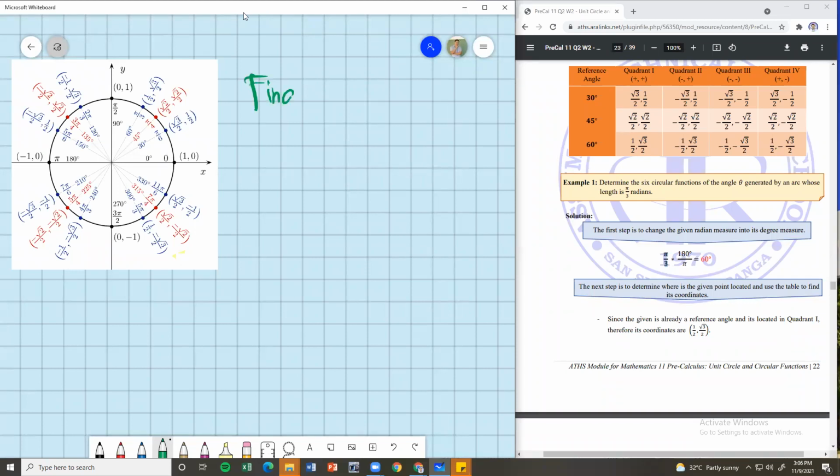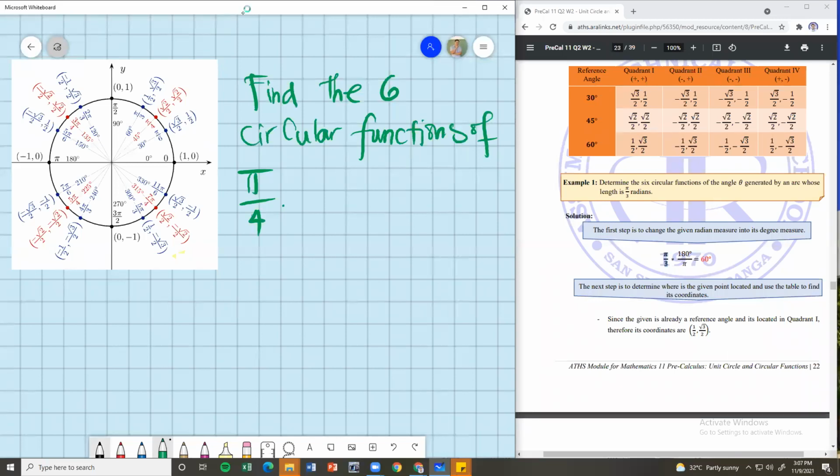Find the 6 circular functions of pi over 4. So if you are given a radian measure and you are asked to find the 6 circular functions, all you have to do is to first convert it to degree measure. That's your only choice. Because that's a lot easier.